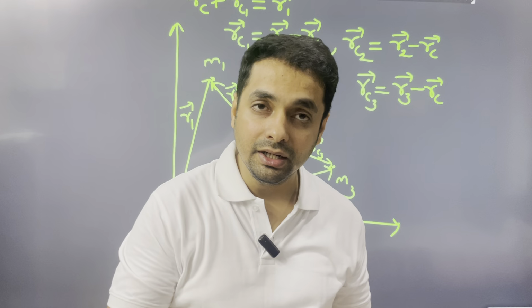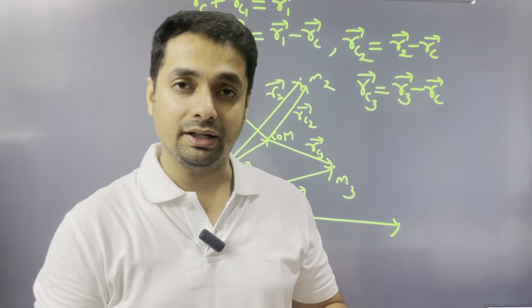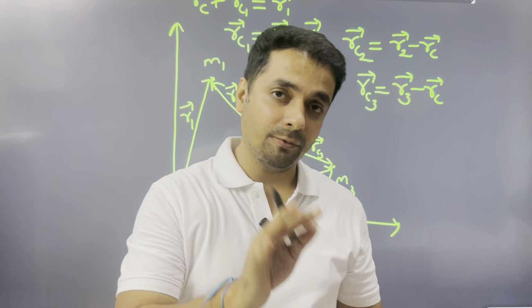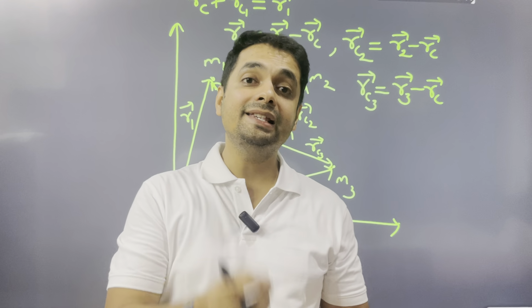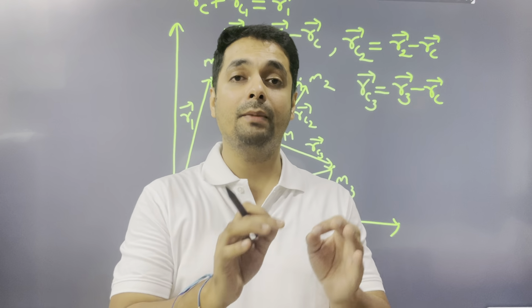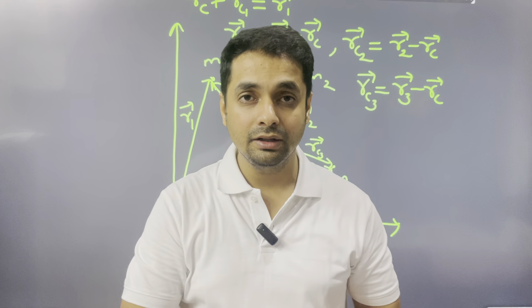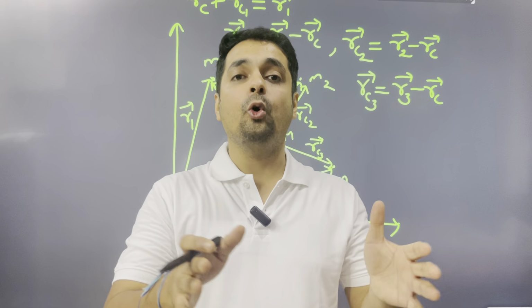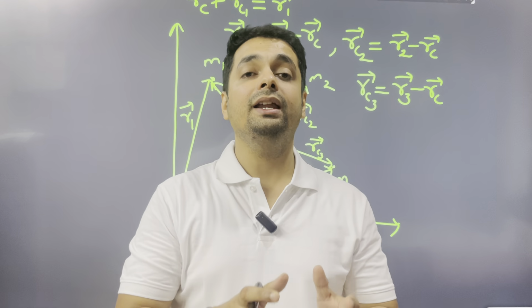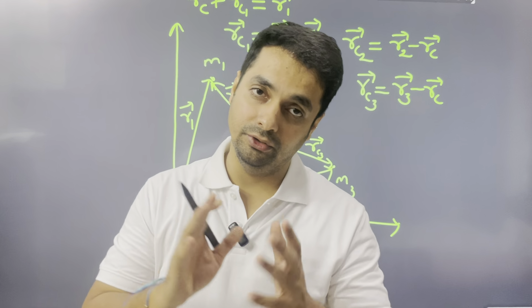I will repeat it again. If in a system of particles you consider the center of mass as a reference point, and find the mass moment of each particle and add all those mass moments, then the sum will be equal to 0, correct?